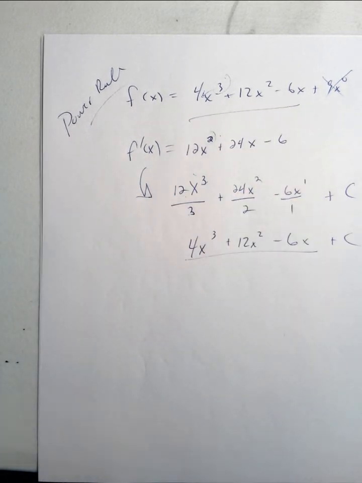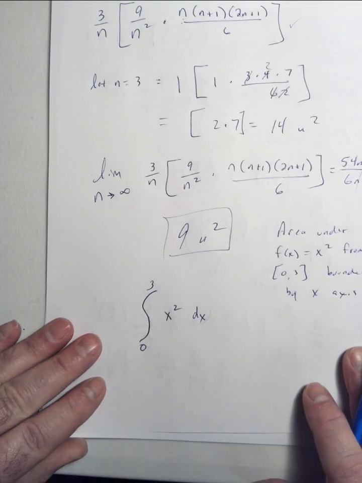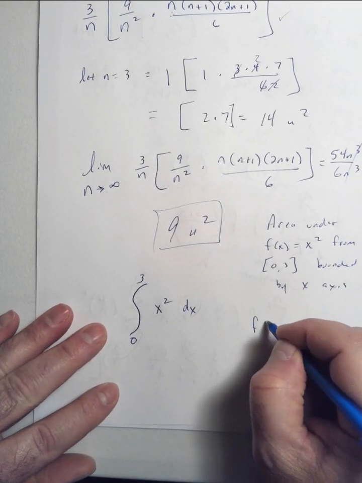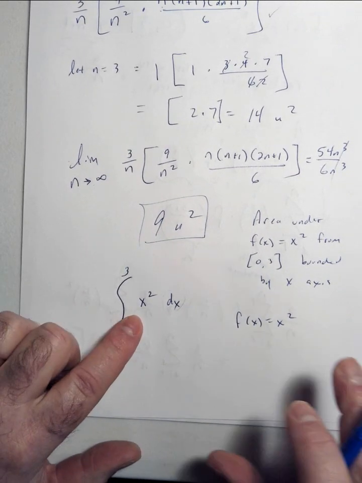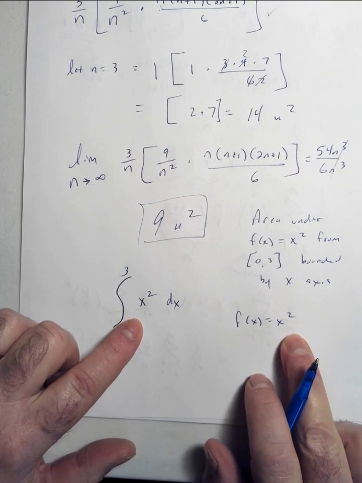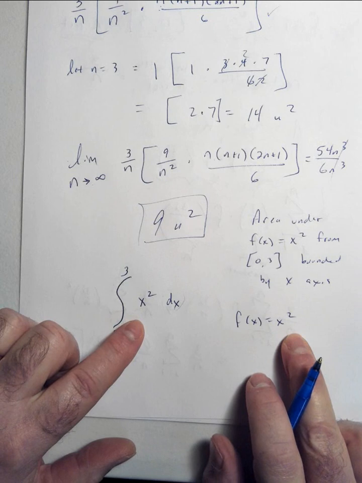So if you take a look, we can go forwards and backwards. Interesting concept. Let's go back to this particular problem here. So my function, if I wish to integrate, what if I did the power rule here backwards?